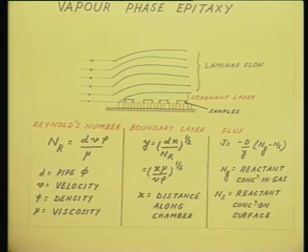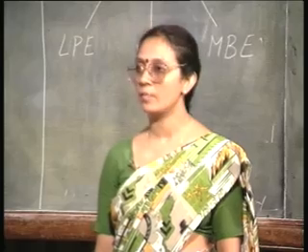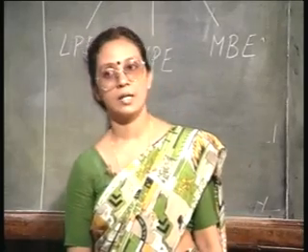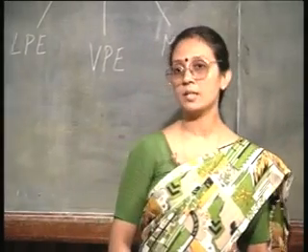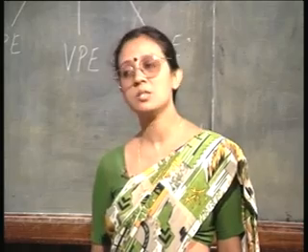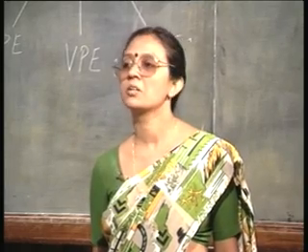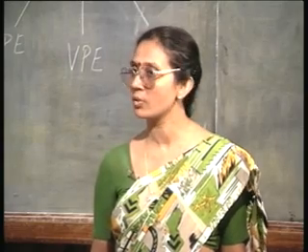This Reynolds number has to be within a certain limit. If it is less than 2000, we call the flow laminar, and if it is higher, we call it turbulent. In most practical VPE systems, the Reynolds number is much less than 2000, somewhere around 100 or 200, or maximum 500. So, we can consider that this flow is a laminar flow.